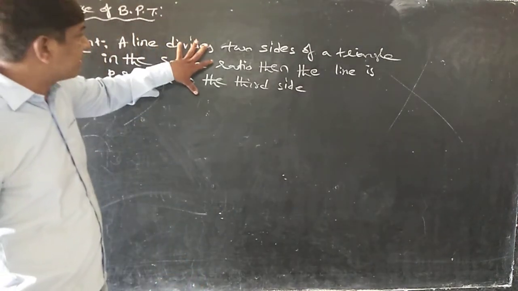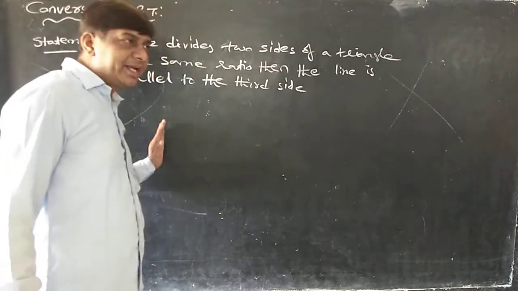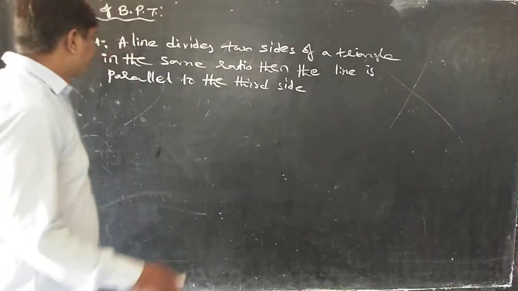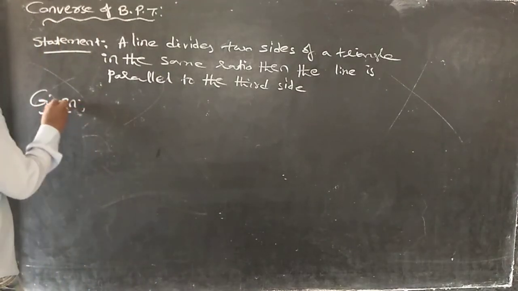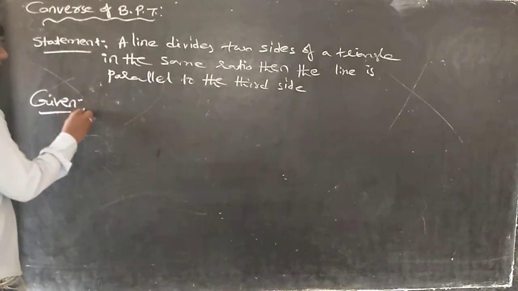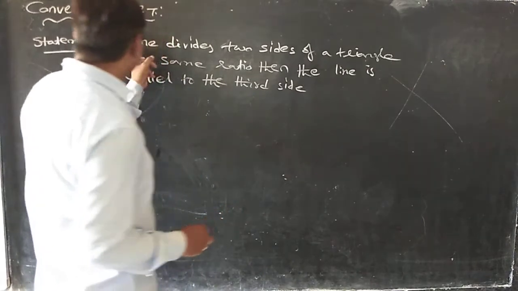Using this converse of BPT statement, first draw a rough sketch and write the given information. For named theorems, we need to learn the theorem statements also, as they don't give the statement in the question.